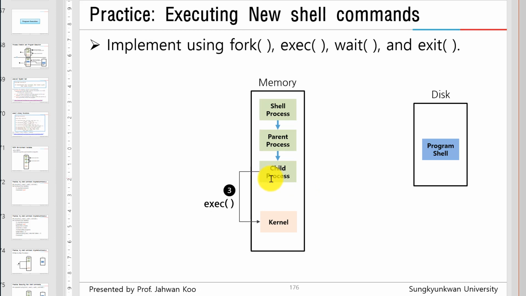Step 3. The child process inherits most of the parent properties. However, the child process does not want to receive the inheritance from the parent. Therefore, the child process uses the exec library function to load and execute an entirely new program. In this case, the new program is a shell command.